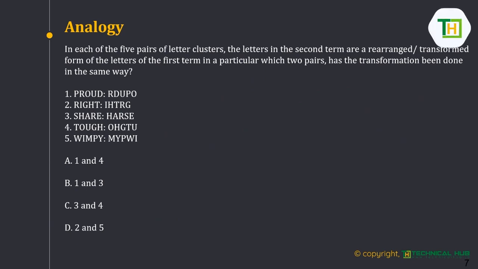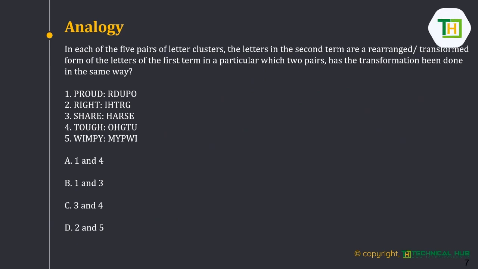In this problem, in each of 5 pairs of letter clusters, the letters in the second term are rearranged, transformed from the letters of the first term in a particular way. Which 2 pairs have the transformation done in the same way? Here 5 options are given. 2 are the same pattern, same way, same logic. Find that one. Once you observe the options one by one, this is better.